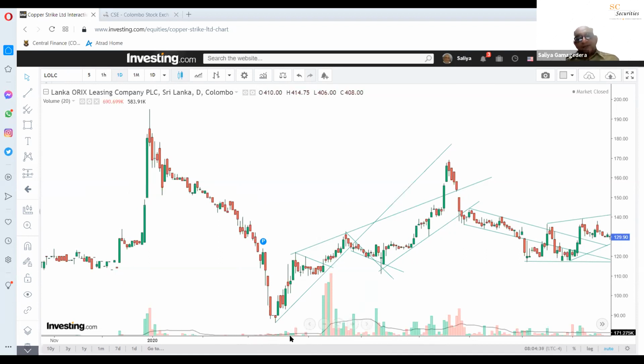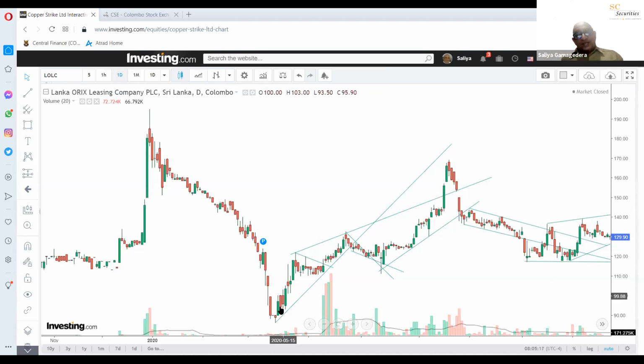And anytime the volumes are moving above the average volume line, we consider that as an important aspect for the price extension, right? So when we can see that there is a movement like that, the tendency of the trend continuing in that direction is going to be very strong, right?